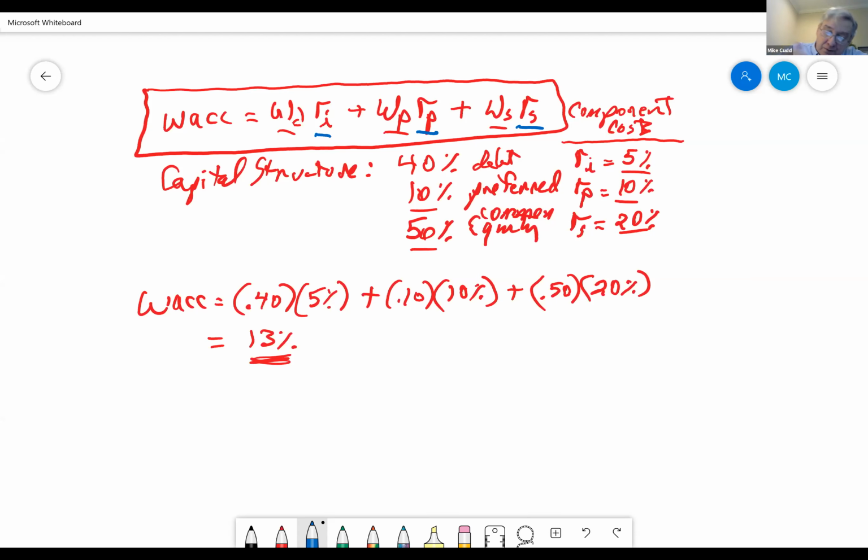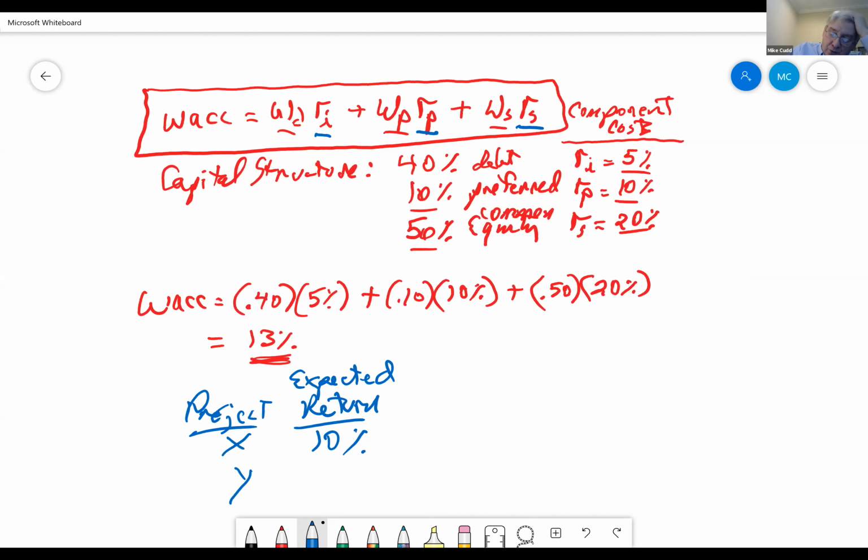Now, again, what if we had a project proposal? Project X and Y. The expected return on X is 10%. The expected return on Y is 15. What would be our decision? What would our decision be on X?